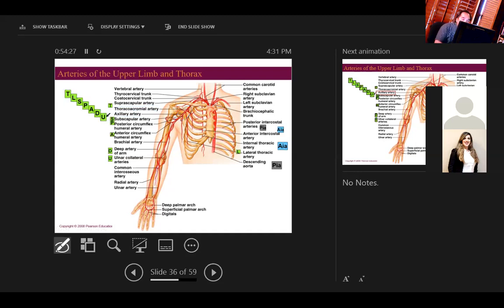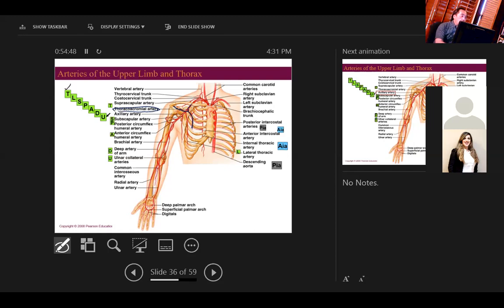Okay, so this is the axillary artery. So I'm looking for the vessel, thoracoacromial. So this one is the one that goes into the acromion process and to the thoracic cage. That's your thoracoacromial artery. That's your T.